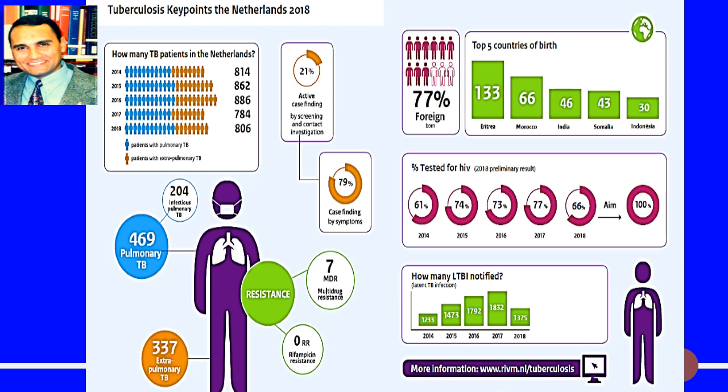Also, HIV-infected persons show a high rate of infection by tuberculosis, and 77% of foreigners are infected by tuberculosis. This chart helps in control and prevention programs for tuberculosis in the Netherlands.